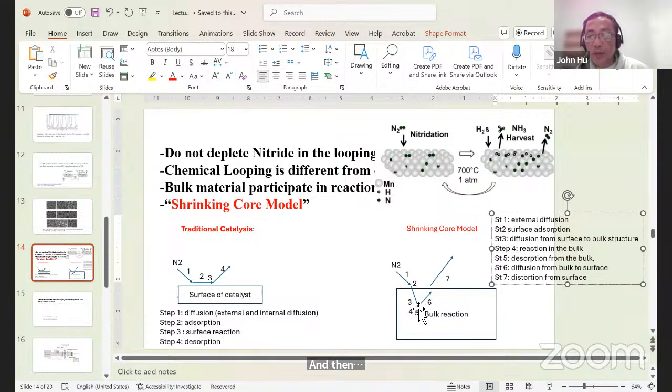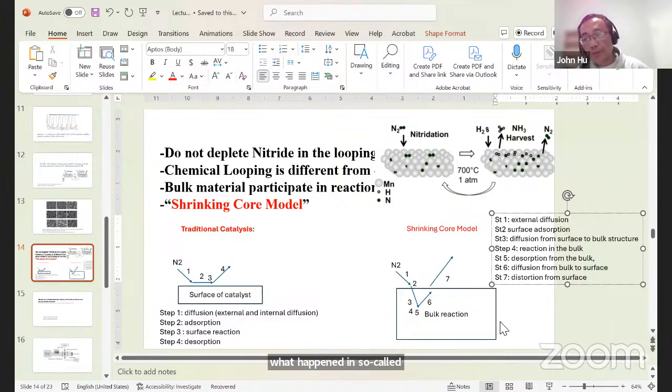So step four, they react on the active site in the bulk, and then they have to dissolve from the active site. And then from the sixth, they have to go to the surface in order to leave the material, all right? So number seven, they disperse, okay? So this shrinking model is very popular to describe what happens in the so-called chemical looping process.